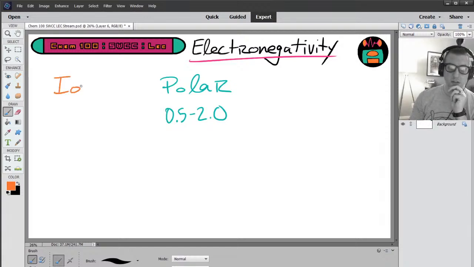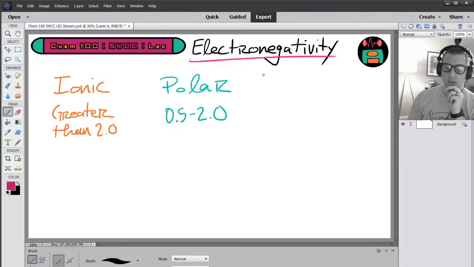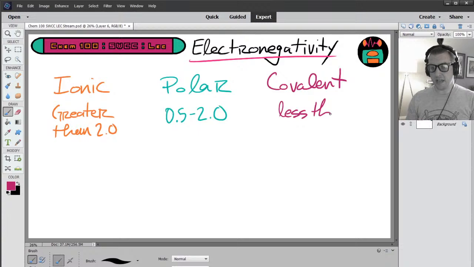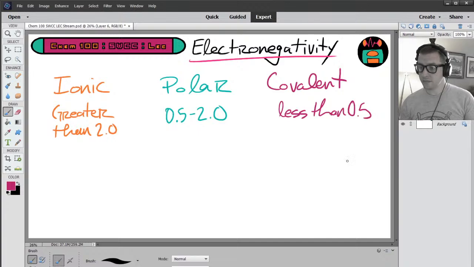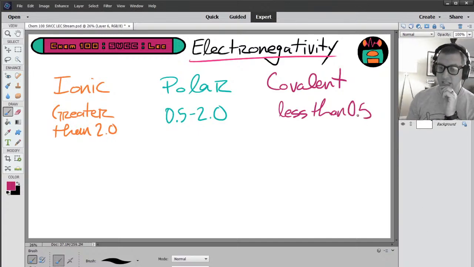Ionic bonds are greater than 2.0. Covalent bonds are less than 0.5. All right, that is how you categorize each one.